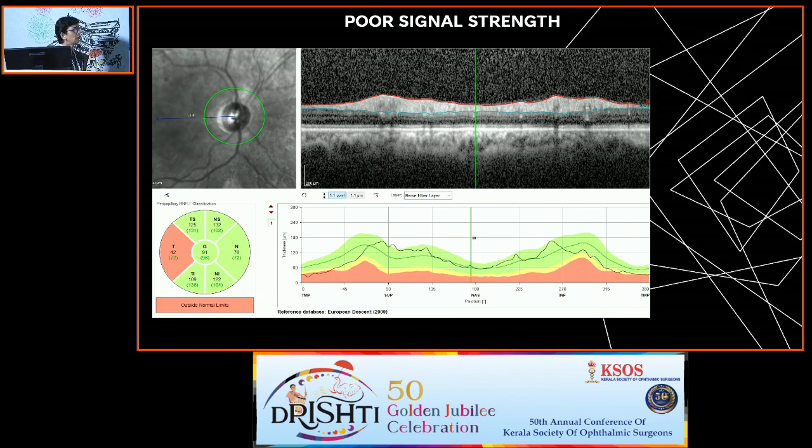Even though we do not need the temporal portion in the management of glaucoma, you can see that poor signal strength, which has led to a grainy B scan, has led to poor delineation of the blood vessels in this area, and paradoxically to a thinner OCT RNFL in this area. So this thinner OCT RNFL, you have to remember, is because of poor signal strength. Do not take OCTs which have poor signal strength, discard them.